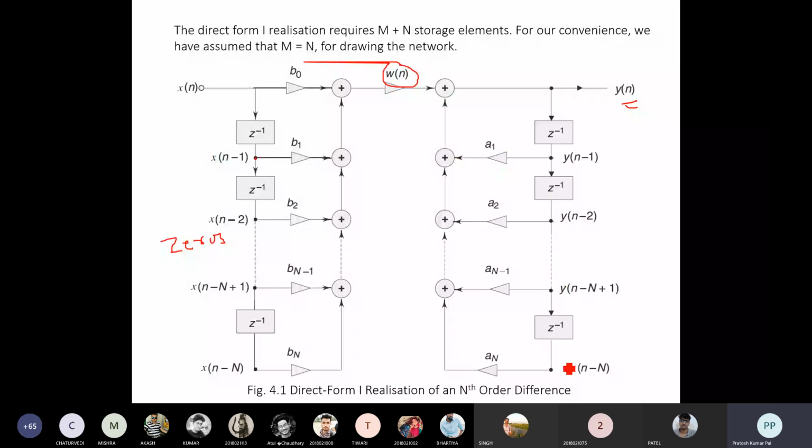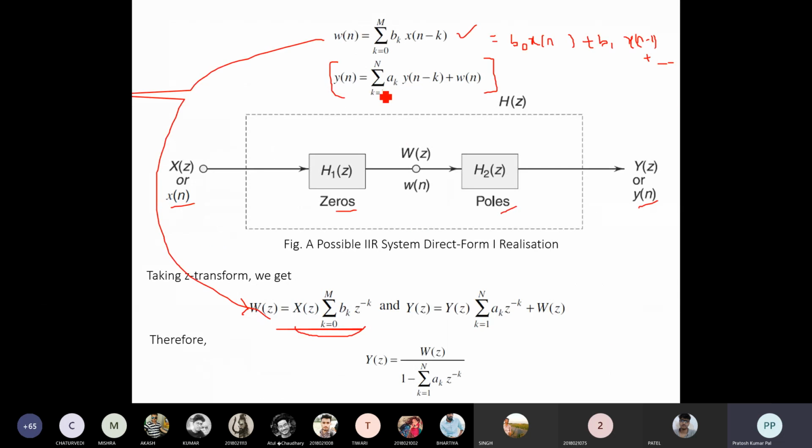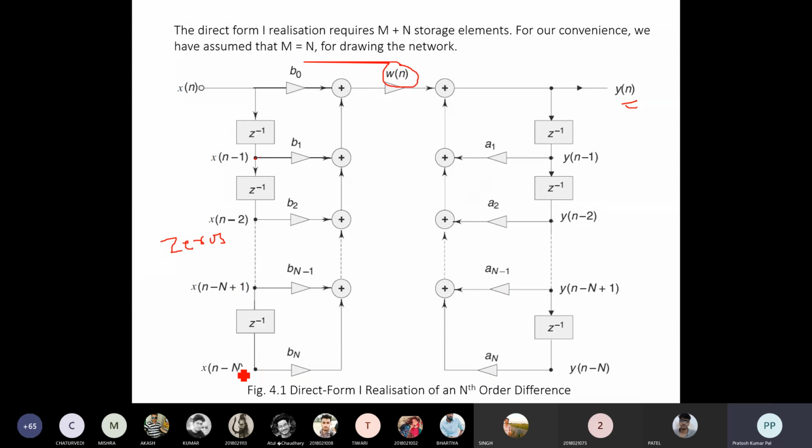Finally, at the last it will be y of n minus capital M. Here it is capital N, so this representation is correct if they have assumed M equals N. If two different terms, M and N, are there, then only if M and N are equal will this be considered.